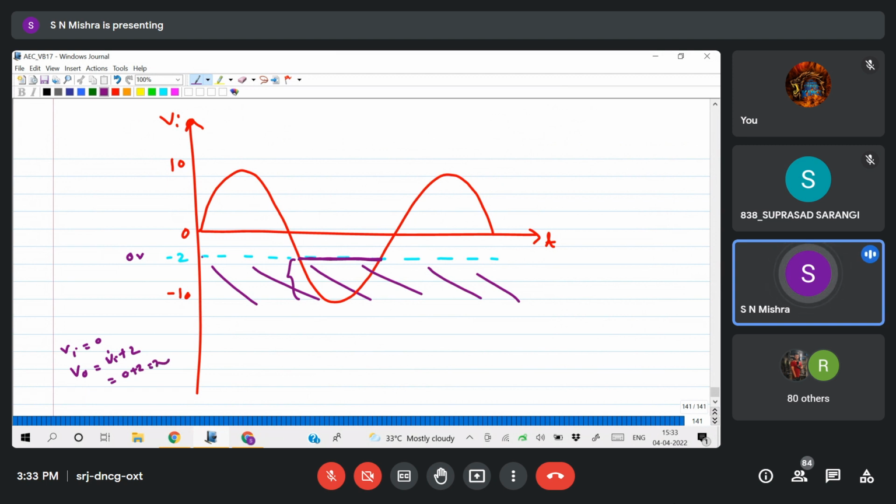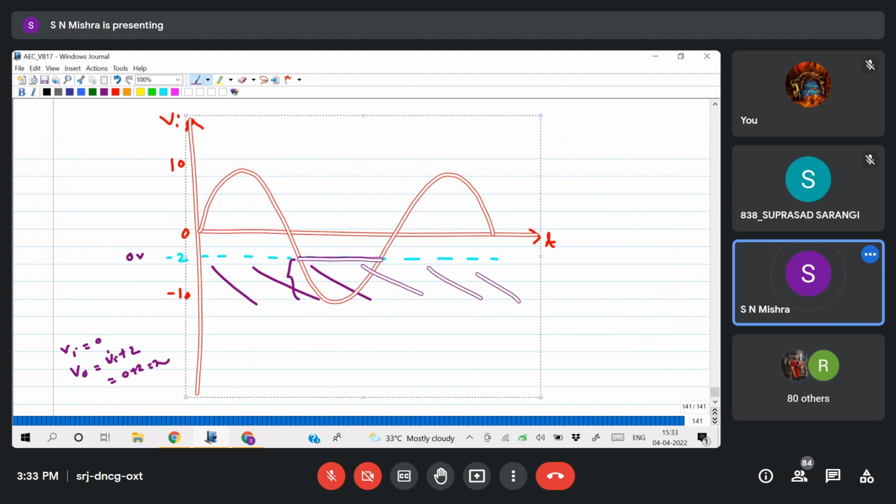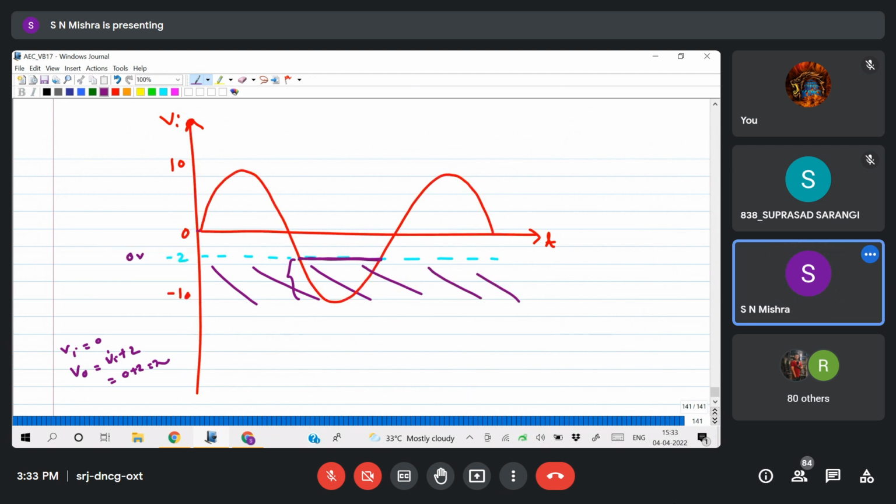So you see here, if this is 0, then this will be 2 volt. As I increase, I move to the maximum point. This is 10, so from here to here, how much? 12. Sir, 12.